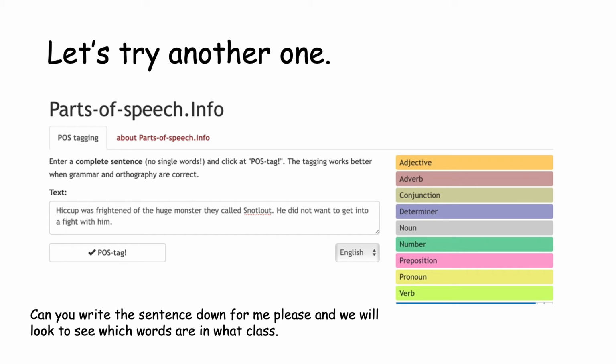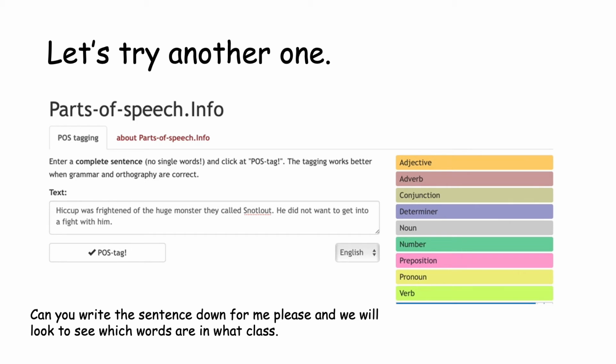Want is the verb. To get is the verb. Into is a preposition.